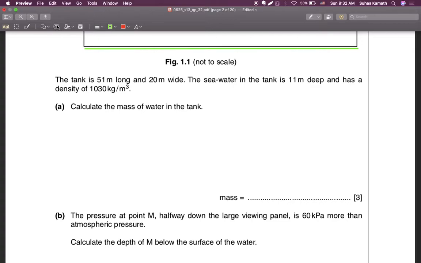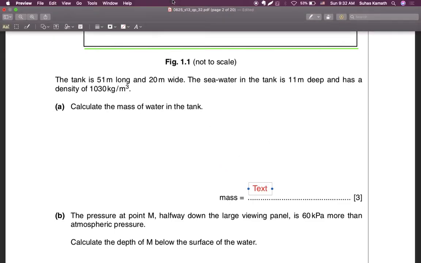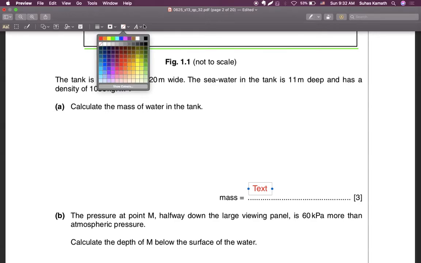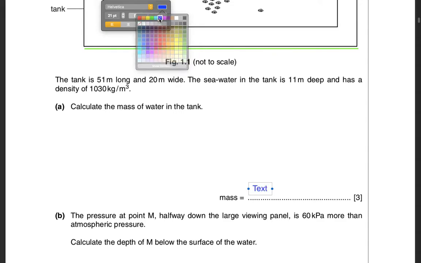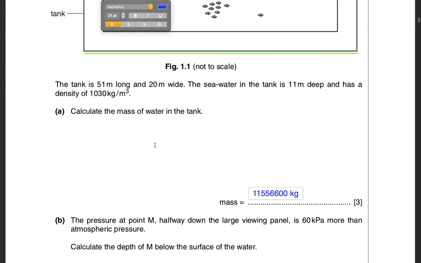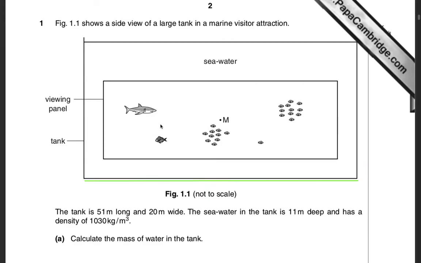Yeah, it is large because usually it's not like 51 meters, it's only a few meters actually. So that's supposed to be a huge tank. So that will be 1,155,660 kilograms.